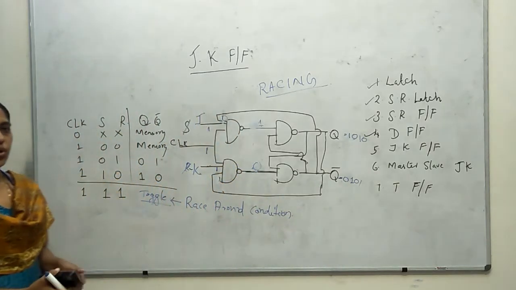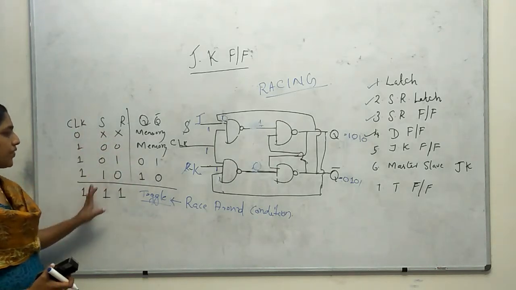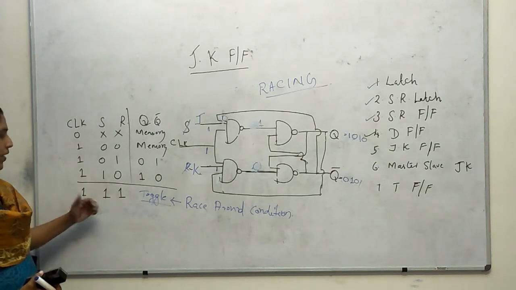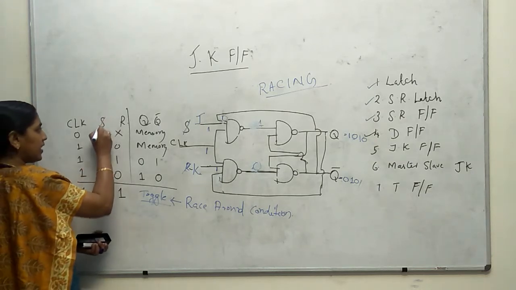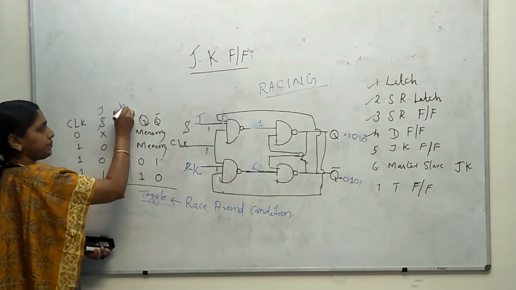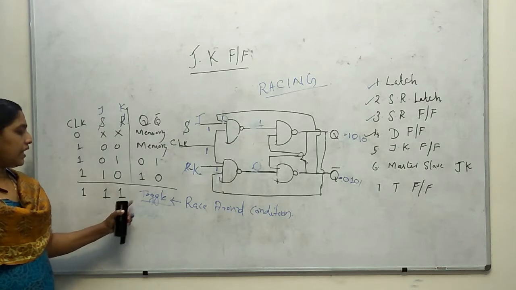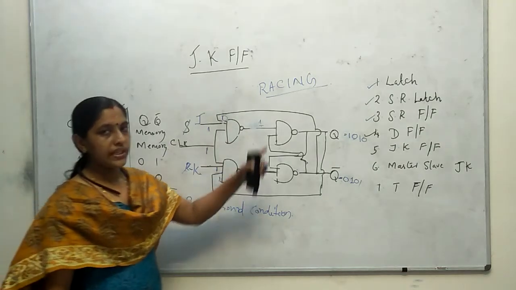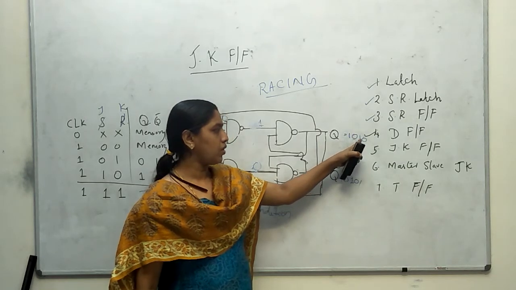In that, you have to explain what the output is in each of the cases, and in the last case, when clock is equal to 1 and instead of S and R you write J and K. When J and K inputs are 1, 1, the output will keep on changing uncontrollably. It becomes 1, then 0, again 1, 0.